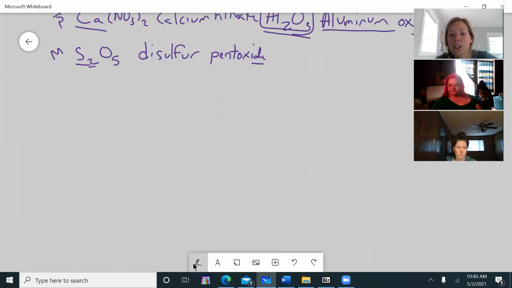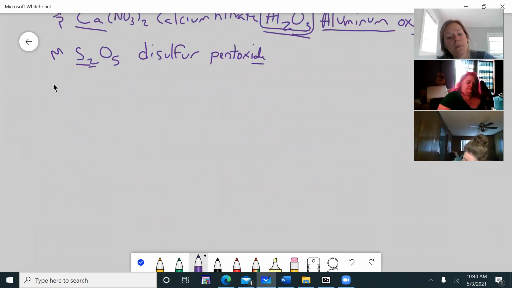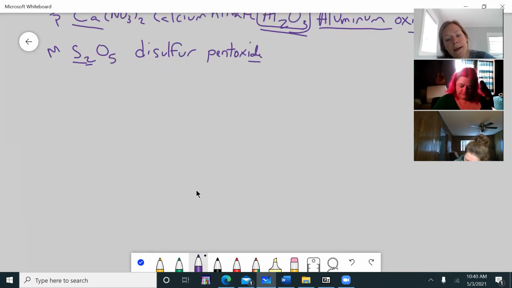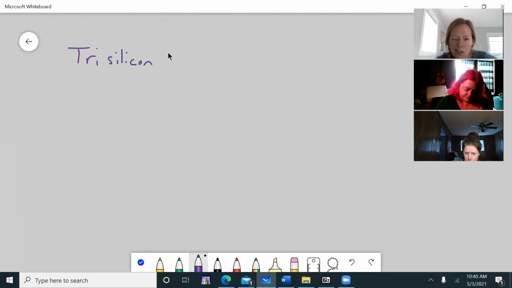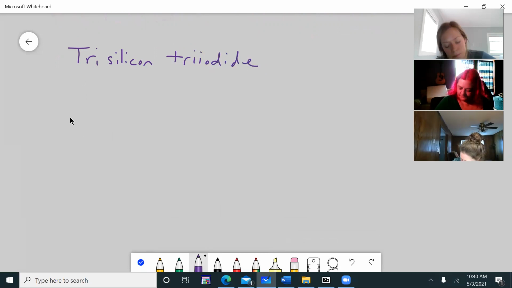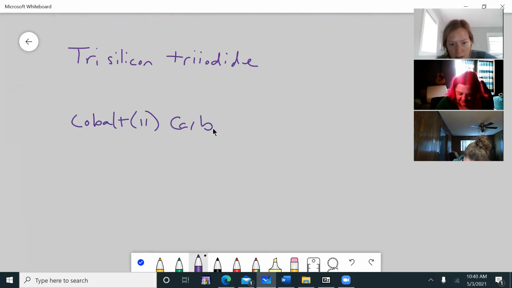Let's do a couple going in the other direction. I won't give you quite as many, but I'll give you the name and I want you to write the formula. Okay. Silicon triiodide. Cobalt 2 carbonate.